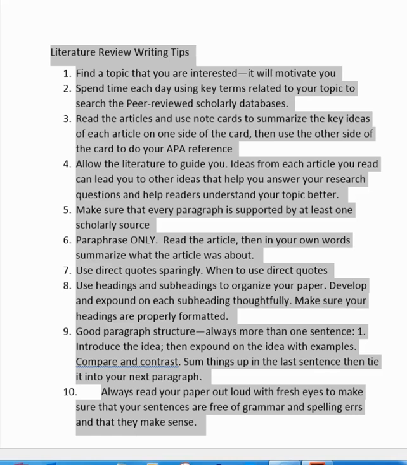Number 10, always read your paper out loud with fresh eyes to make sure that your sentences are free of grammar and spelling errors. And notice there's an intentional error in the word errors. It's really easy to just throw down a bunch of sentences and feel good about it. I think about emails that I send off to my boss. I've got a good idea in my mind, type it all up, I think it's brilliant, and then I hit send.